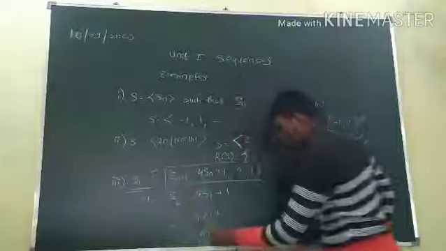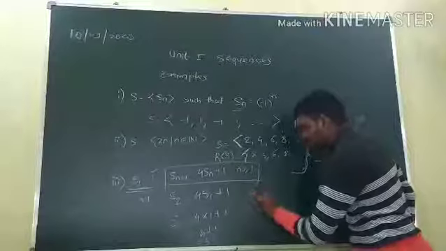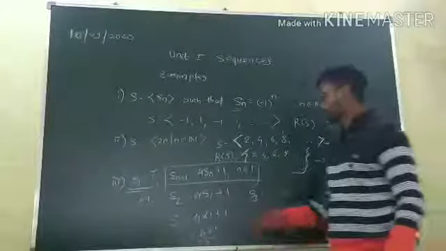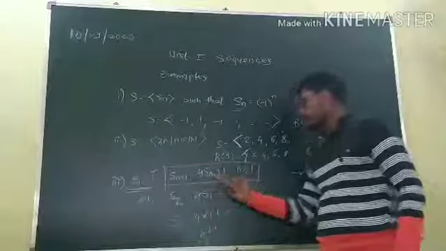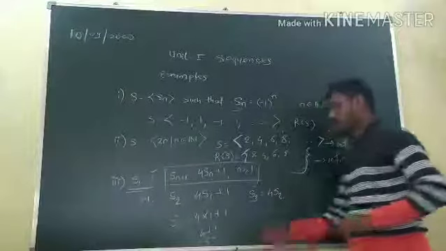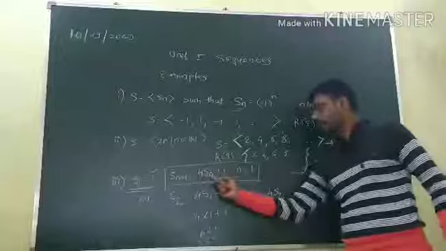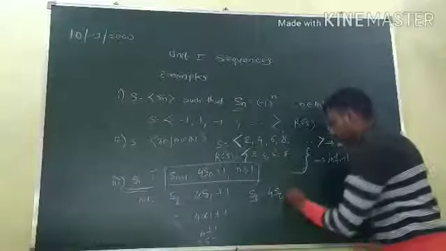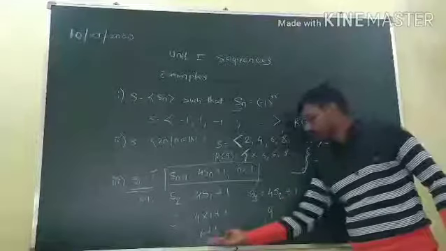S1 is equal to 1, S2 is equal to 5. Similarly, we can find S3. Put n is equal to 2. This S3 is equal to 4 times S2 plus 1, since we have put n is equal to 2 here. The value of S2 we have already found, 5.